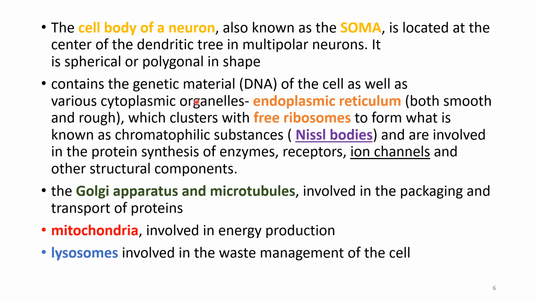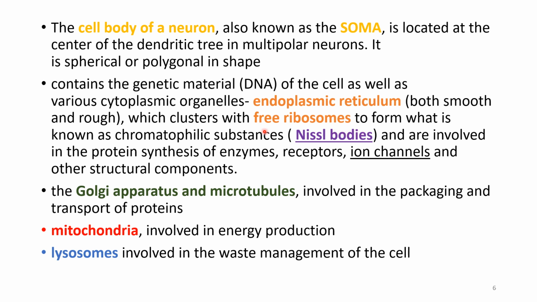It contains the nucleus, and the nucleus contains the genetic material, that is DNA of the cell. And also the soma contains cytoplasmic organelles such as endoplasmic reticulum, both smooth endoplasmic reticulum and rough endoplasmic reticulum. And it also contains free ribosomes.